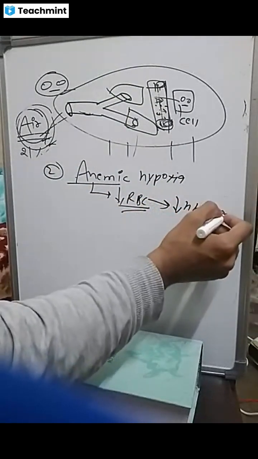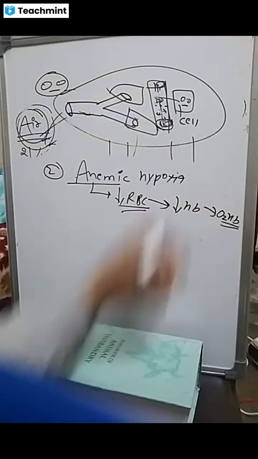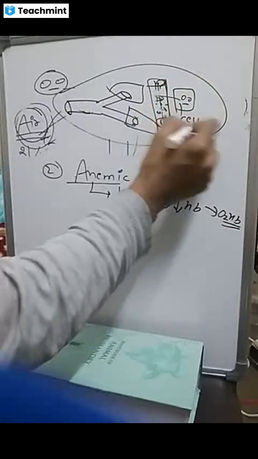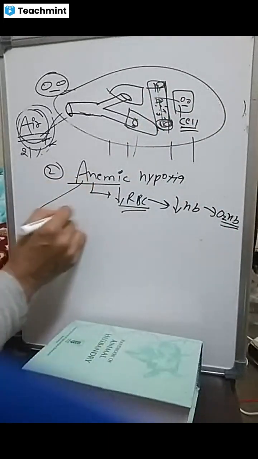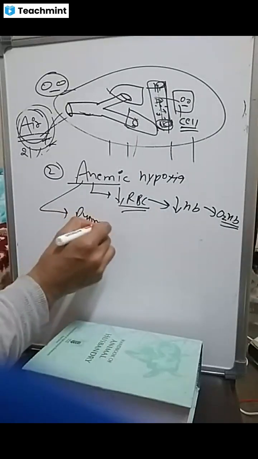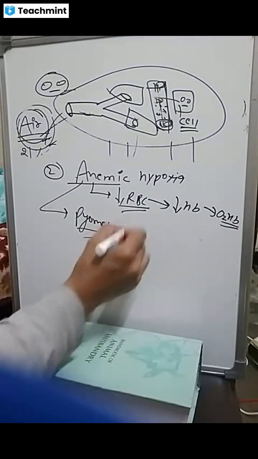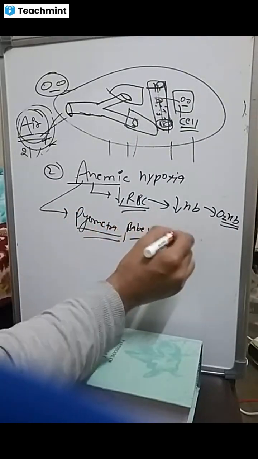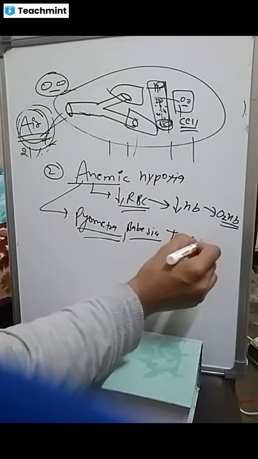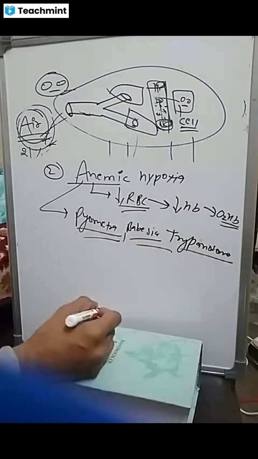That may lead to less oxyhemoglobin, and less oxygen will reach the cell. Anemia is seen in case of pyometra, in case of babesia, in case of trypanosoma infection, and many others.